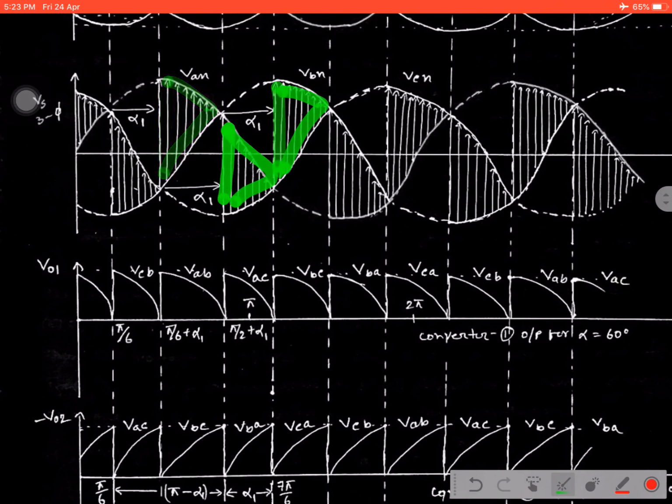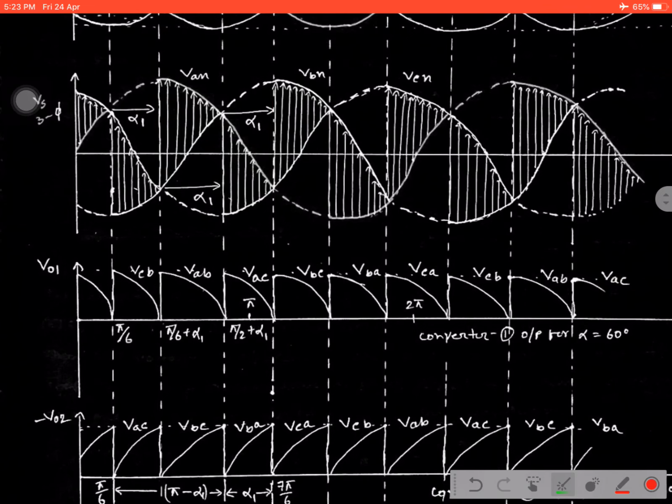But we never mentioned the blank part which is not defined by the arrows. That will be applicable for the second converter, as they are back to back connected. When you apply the triggering pulses for both, then both will develop voltage in the reverse direction.